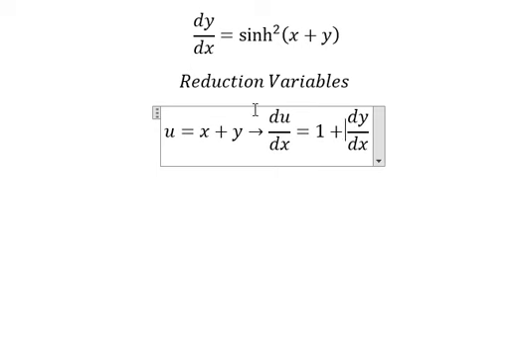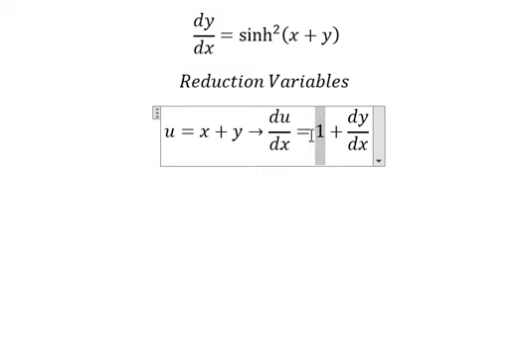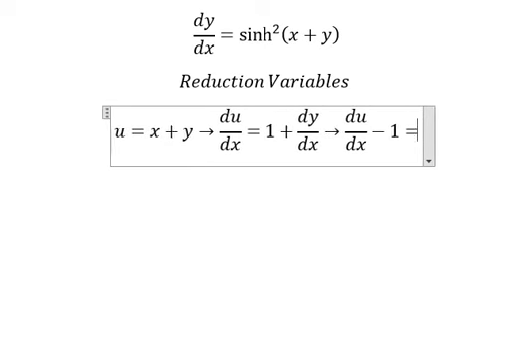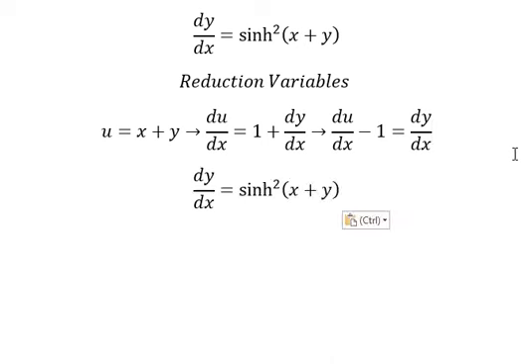Because we only have dy over dx, I will put the 1 to the left. This one we change for u.